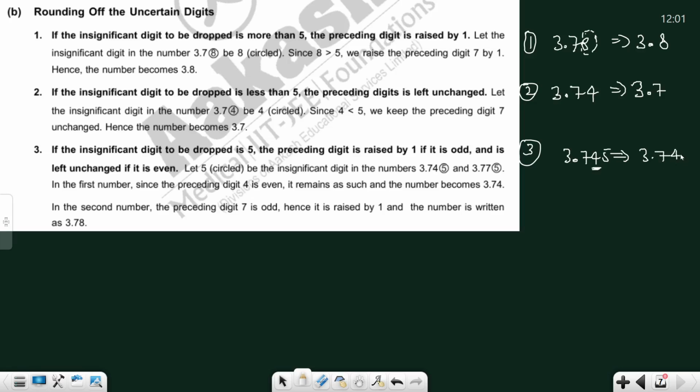It will be 3.74. If it is 3.775, we will increase the number, so 3.78. Odd even case. Okay, done.